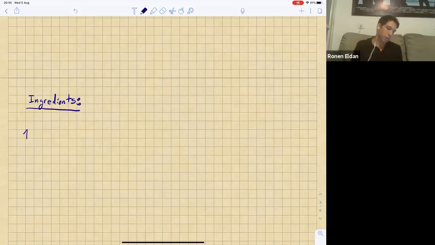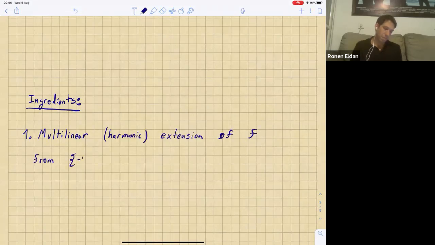The first one is one that I guess you're all familiar with, and this is the multilinear or the harmonic extension of a function from the discrete cube to its convex hull, the continuous hypercube.